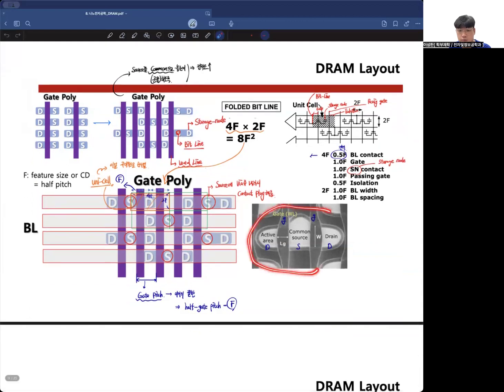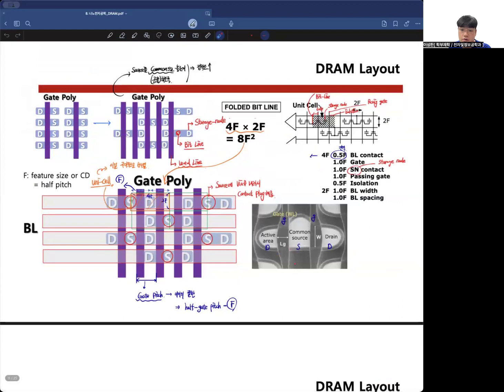This is the top view of the layout of one cell. You can see the drain, source, and drain. The point of this figure is that we use the source in common. We share the source between two cells.